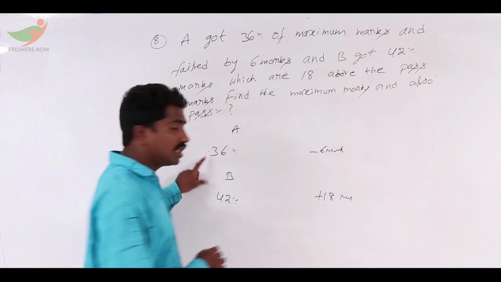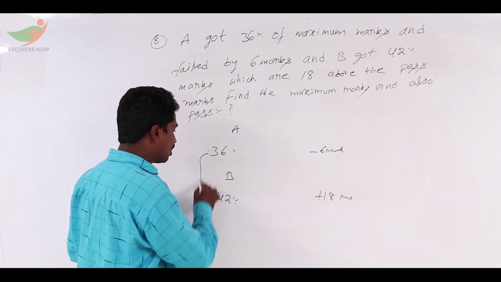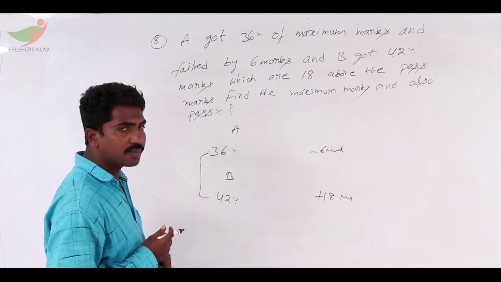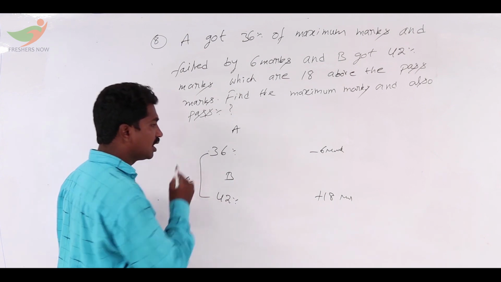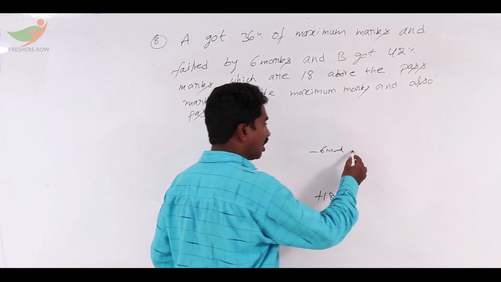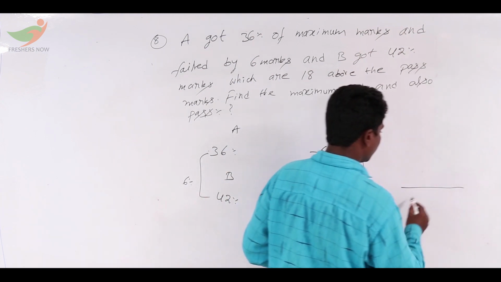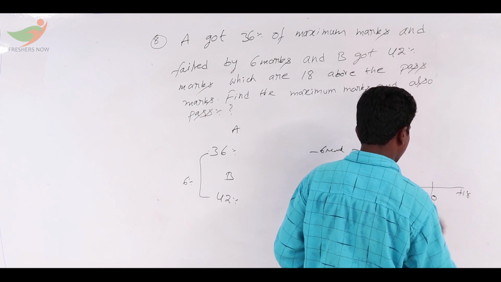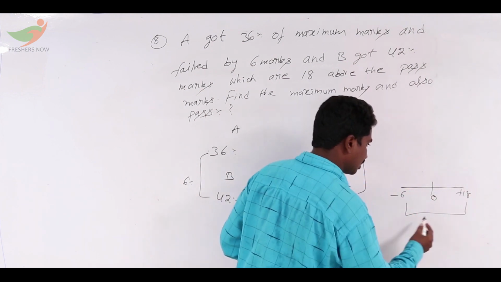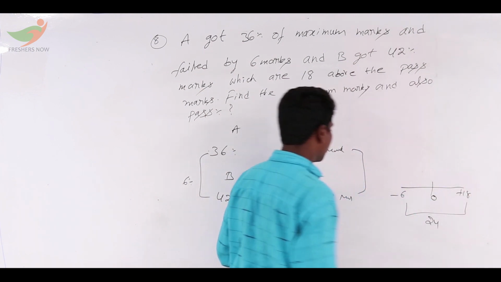So here the difference in the percentage value is how much? 42 minus 36, 6%. And the difference in the marks on the number line, from minus 6 to plus 18, is 24.